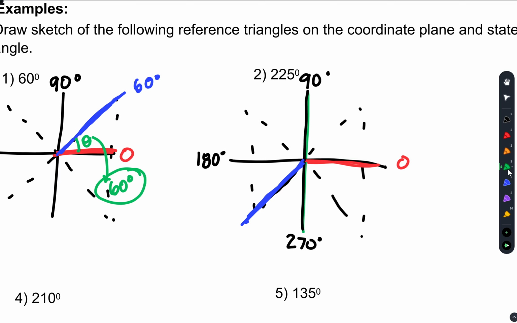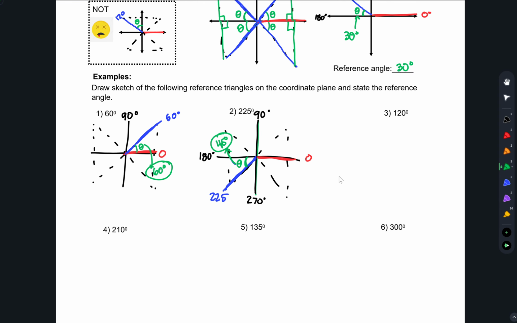I'm going to draw my reference angle. Remember, always go back to the x. Good advice in math, bad advice in life. There's theta. And I'm trying to figure out what is the distance in degrees between 225 degrees and 180 degrees. 225 minus 180 tells me theta is going to be 45 degrees. Questions there?